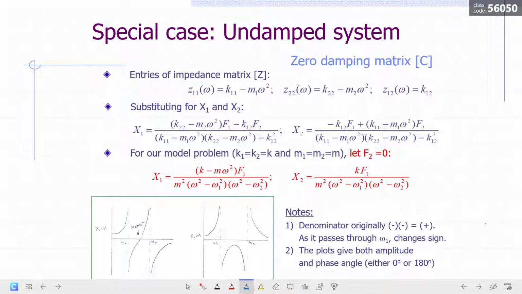Now let's look at a special case, the undamped system. We don't have the matrix C, zero damping matrix, and the entry of Z11 is this. From the previous lecture, you already saw it, and Z22, Z12, and this impedance matrix is symmetric.